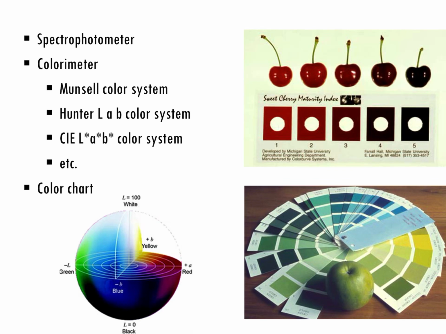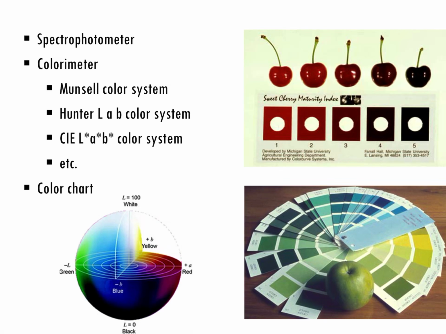When measuring with the colorimeter, when we capture one spot on the apple, for example, we will get 3 numbers: L star, A star, and B star. L star is the lightness value, where 100 is the lightest and 0 is the darkest.